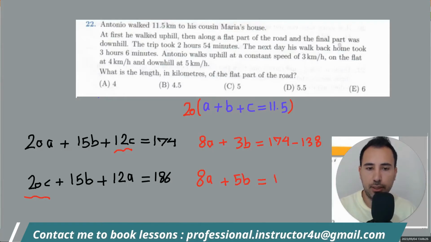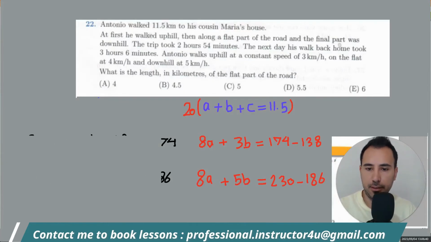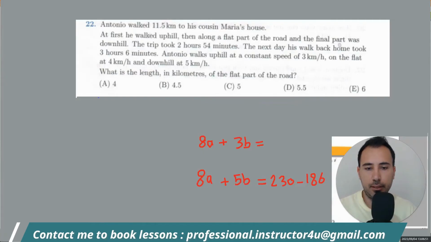This will be 186. Sorry, I did it like this. So it's going to be 230 minus 186. So we no longer need this one anymore. So 174 is going to be 36. And this one will be 14 plus 30, 44.